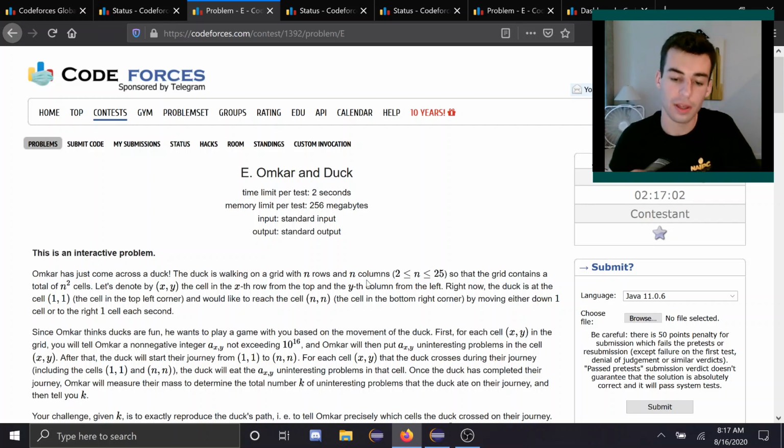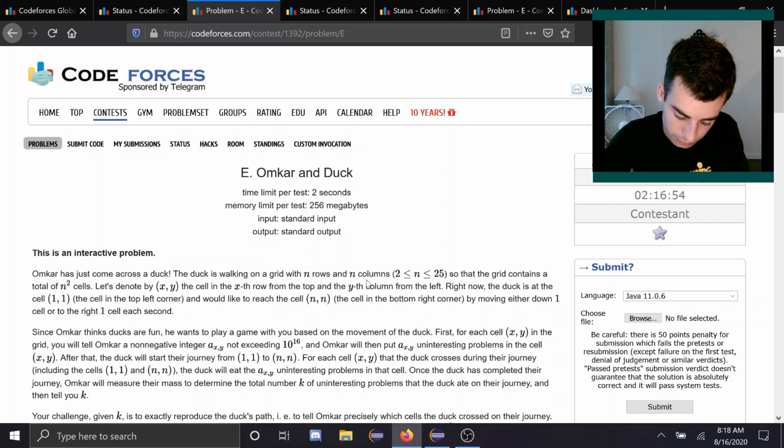Well, how many different paths are there even? There are... choose 25? Or you go right 24 times, down 24 times. There are 28 choose 24 paths.